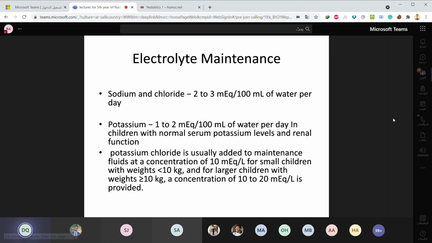Potassium chloride is usually added to maintenance fluid at a concentration of 10 milliequivalent in each liter. For small children with weight less than 10 kilogram, and for larger children with weight more than 10 kilogram, we can give up to 20 milliequivalent per liter.